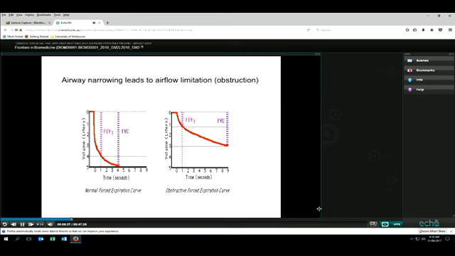But we can see that FEV1 generally is about 70% or more of forced vital capacity, and this would be fairly normal. You're able to expel most of your vital capacity within the first second of forced exhalation.